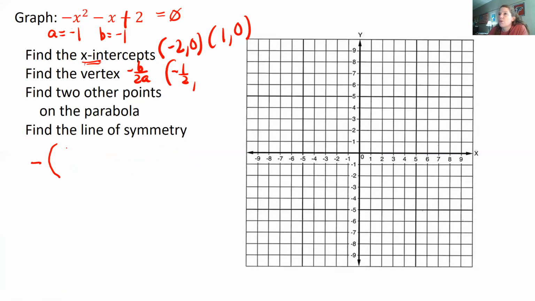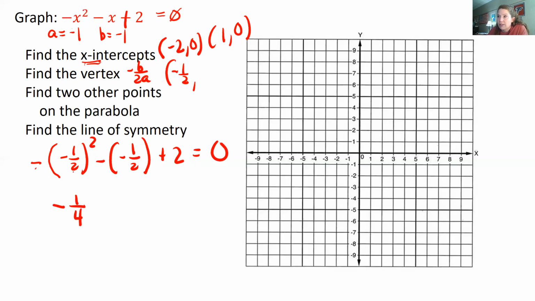All right, so we're going to do the opposite of -1/2 squared minus x, which is -1/2, plus 2. All right, so -1/2 times -1/2 is positive 1/4. But then you have to make that the opposite of -1/2 squared. And then minus the negative, we're going to do plus 1/2 plus 2.